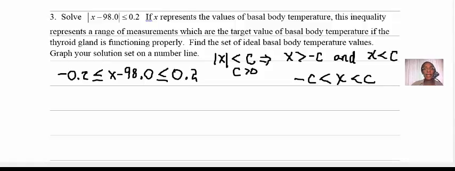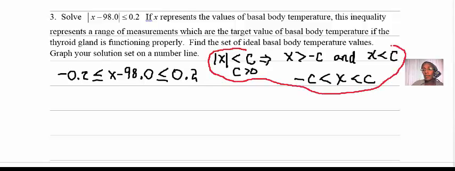Another way to look at that is this has to lie between negative 0.2 and positive 0.2 and include negative 0.2 and positive 0.2. So we've rewritten our absolute value inequality without an absolute value. These two inequalities say the same thing.